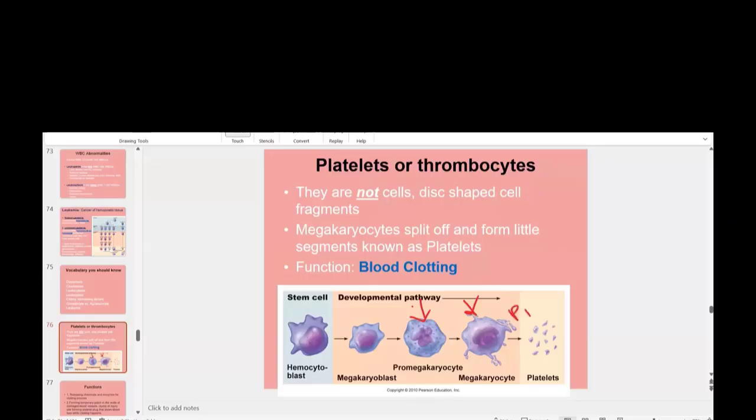It forms small packets of cytoplasm, and then releases those packets, and those packets are called platelets. That is why we use the term cell fragments. This is going to shred, like a paper is shredded, and give away small packets. And its function is blood clotting.